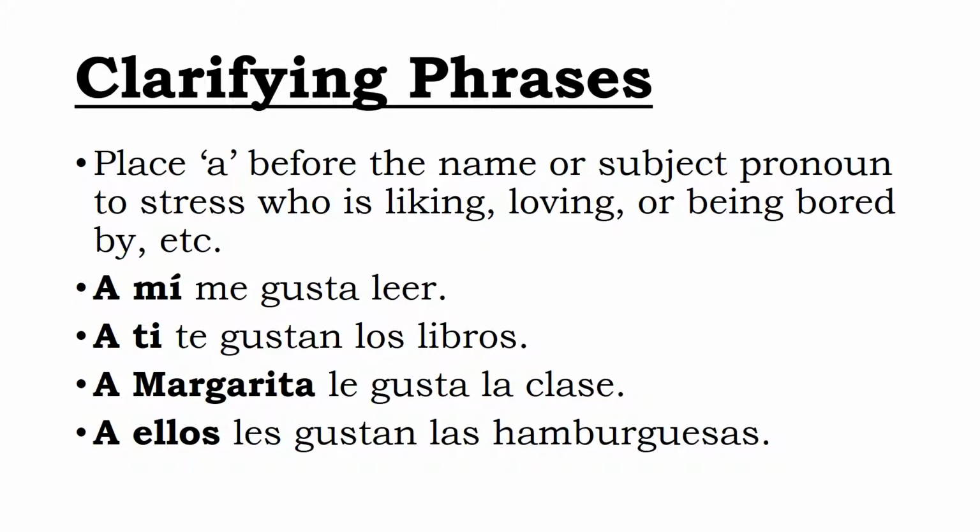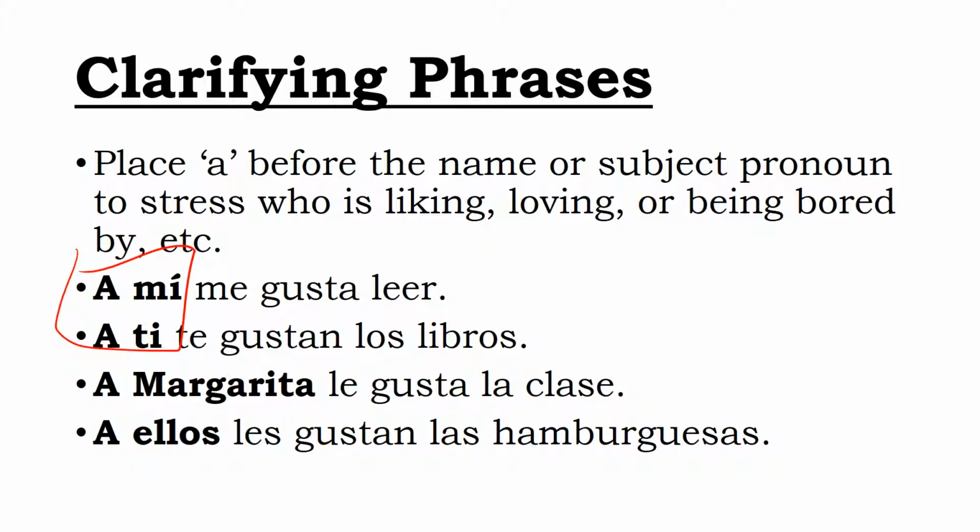So usually we can just use a subject pronoun or a person's name, but we have two irregular forms. We cannot say a yo me gusta, we must say a mí me gusta. Similarly, we cannot say a tú te gustan, we must say a ti te gustan.